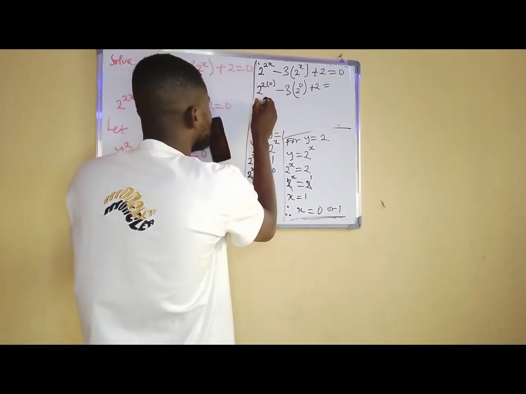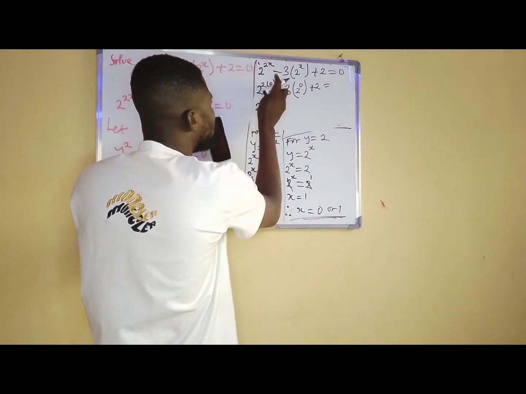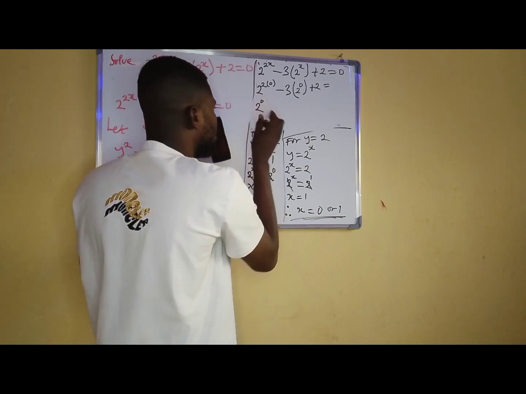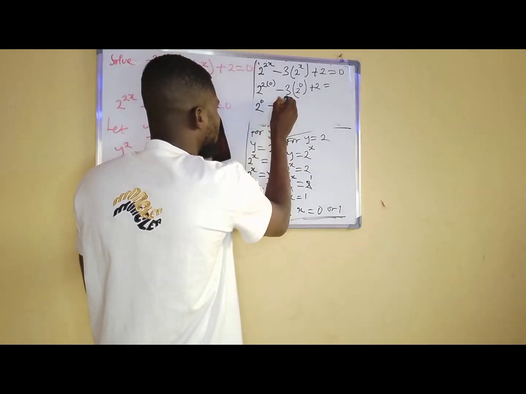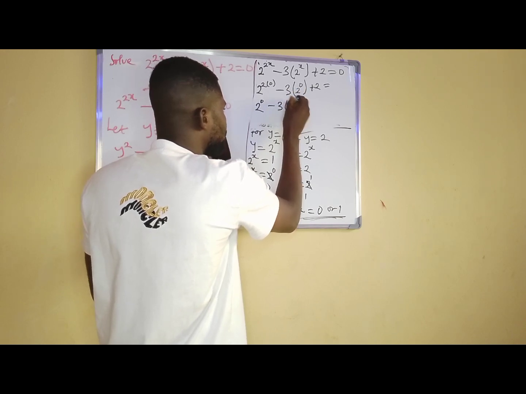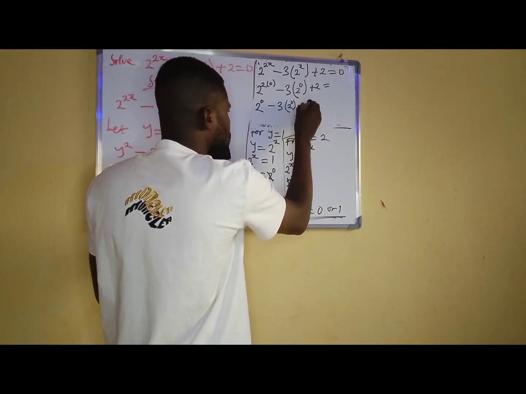Now, 2 raised to power 2 multiplied by 0 is equal to 0 minus 3 in bracket 2 raised to power 0 plus 2.